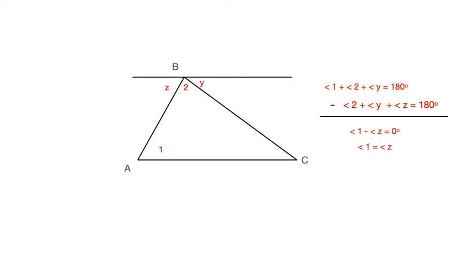I've rewritten them here so you can see that more clearly. When we subtract the second equation from the first equation, we wind up with angle 1 minus angle z equals 0 degrees. In other words, angle 1 equals angle z.